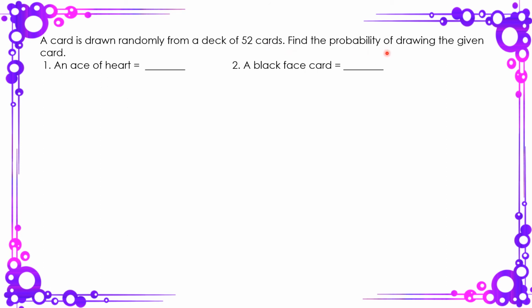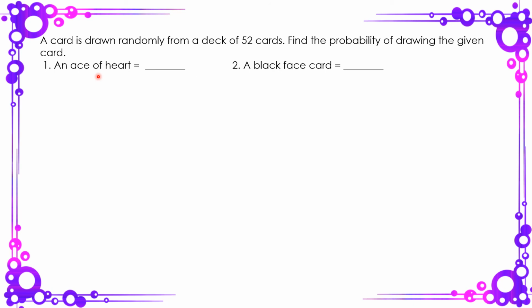Find the probability of drawing the given card, an ace of heart. When we draw from a deck of cards, what is the probability that we may get an ace of heart? The first thing that you have to think about is how many aces of heart are in a deck of cards. We only have one.